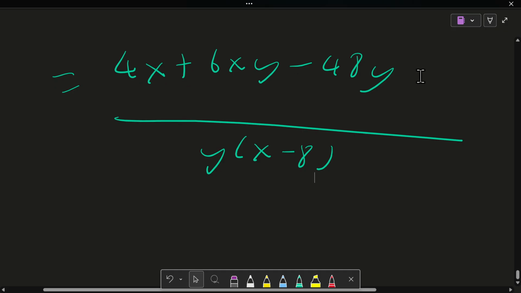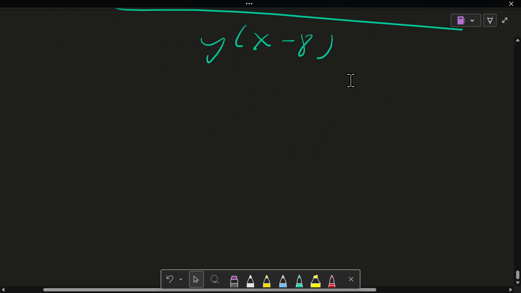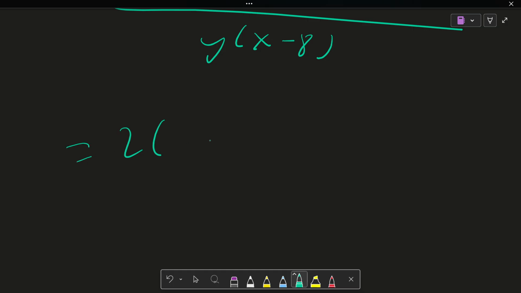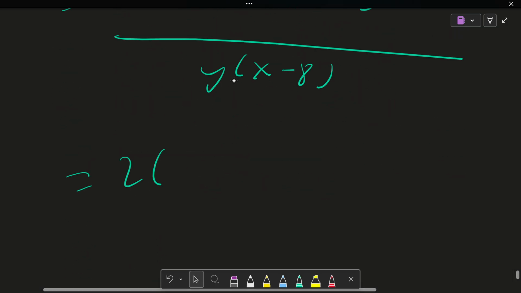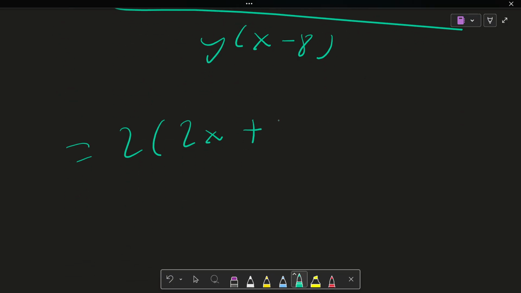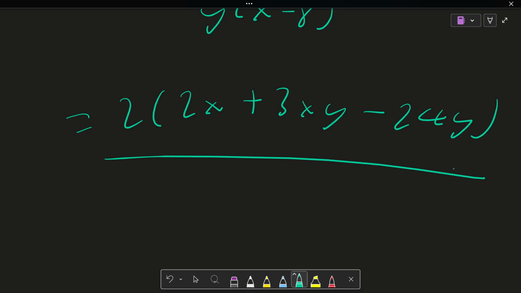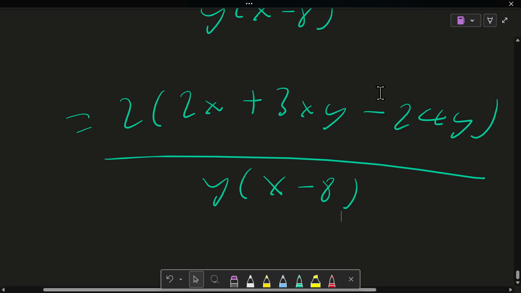So we can take out 2. 2 times 2x plus 3xy minus 24y, and all this divided by y times x minus 8.